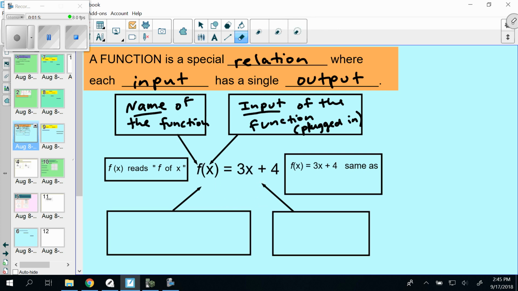This whole thing, the f of x, that is the output of the function.